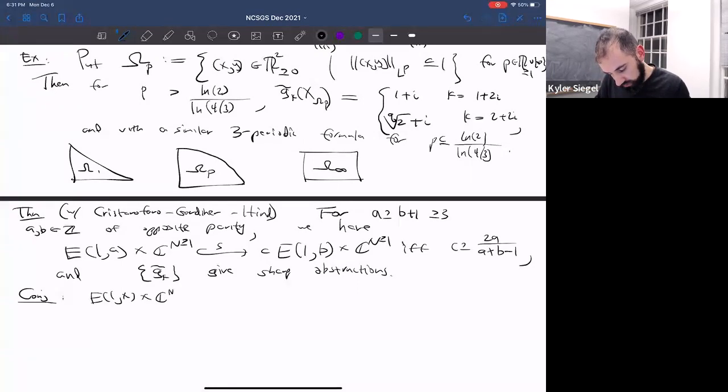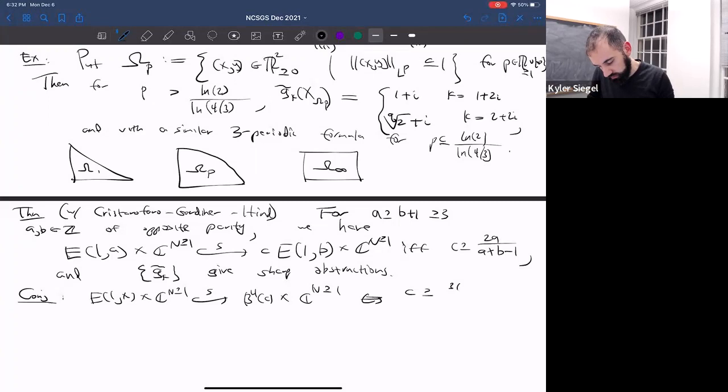Just to simplify things, you assume that the target is a ball, although I think we could probably formulate a more general version of this conjecture. The conjecture is that there's an embedding like this if and only if C, so the optimal embedding is given by C equals 3x over x plus 1, provided that x is at least the golden ratio to the 4th.